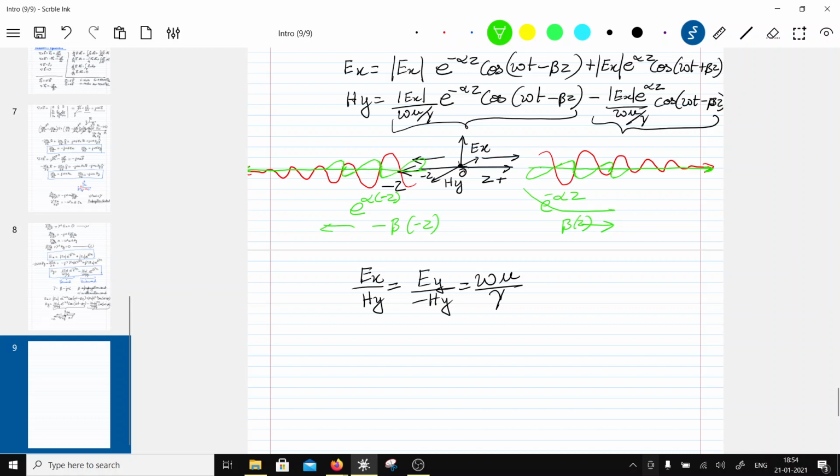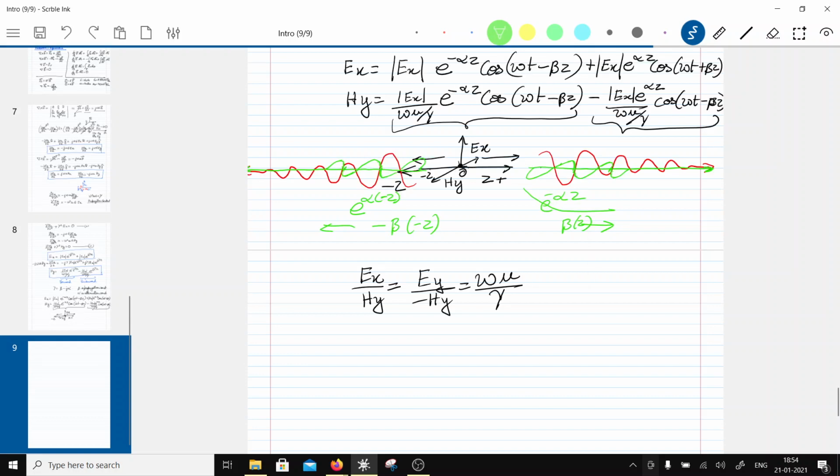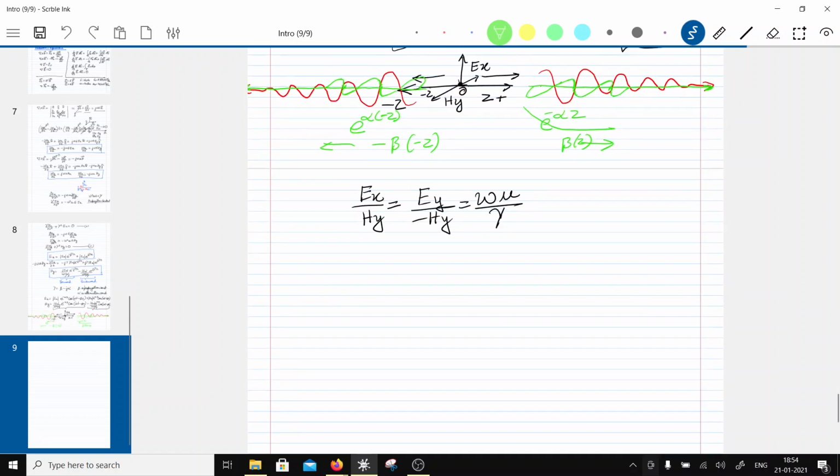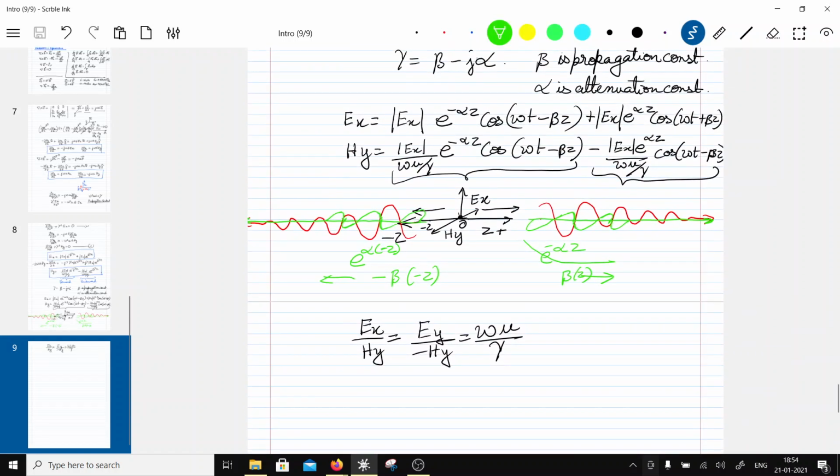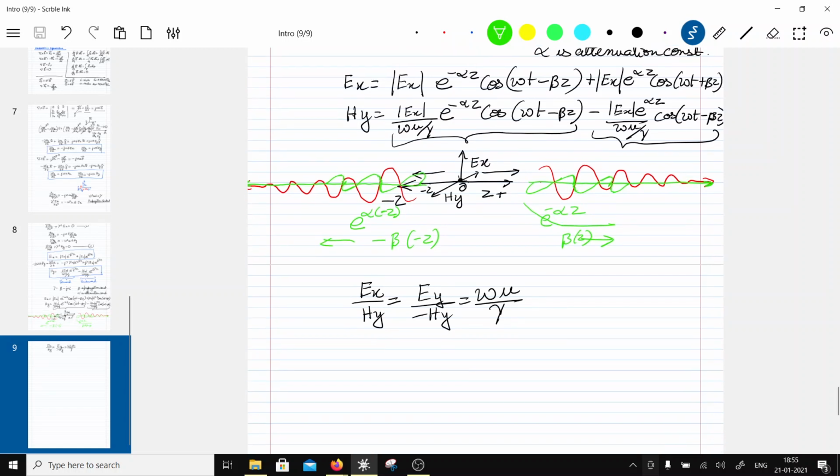So basically beta is the phase constant, and alpha is the attenuation constant, and both comprise what is called the propagation constant, gamma. So you understood how, if there is a source at origin, Ex and Hy, and Ex and minus Hy, are going to be the two waves traveling in two different directions, right?